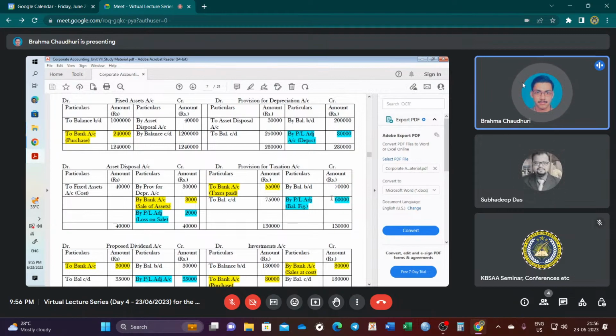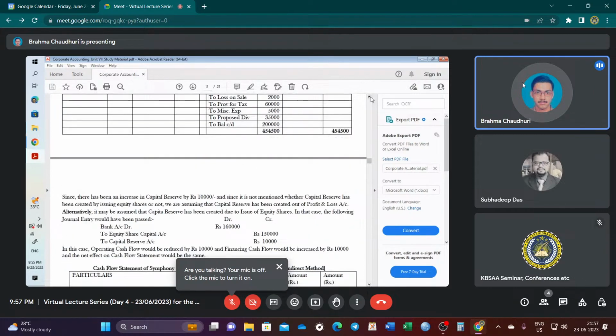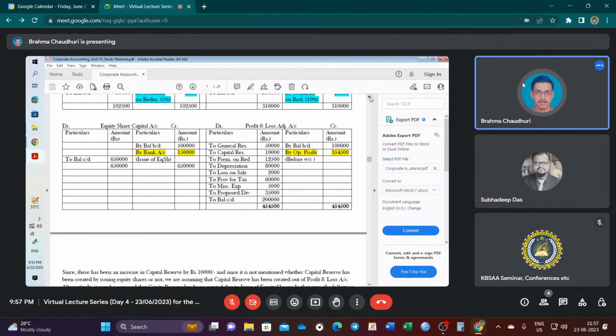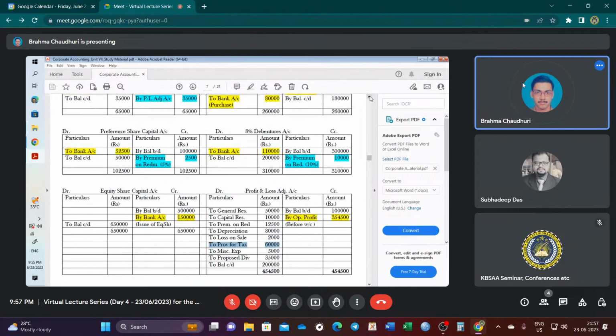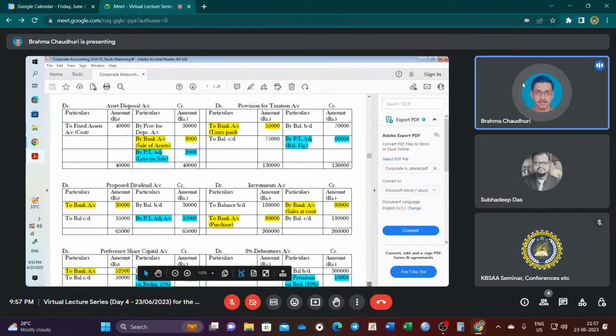Provision for taxation of 60,000 has been created during this year by profit and loss adjustment account 60,000, and this particular provision for taxation will again be shown in the profit and loss adjustment account, to provision for taxation 60,000. That is again shown here. Next we will close the proposed dividend account.